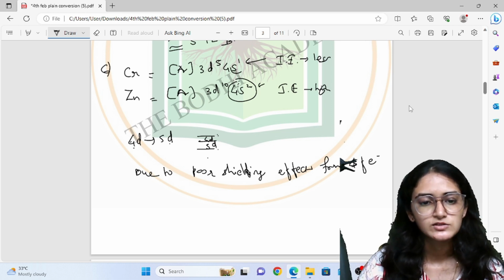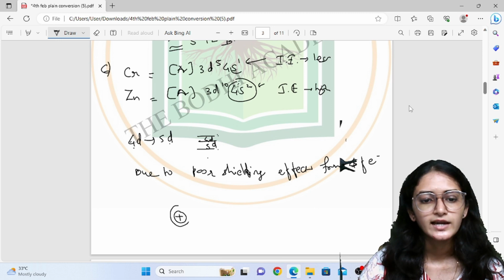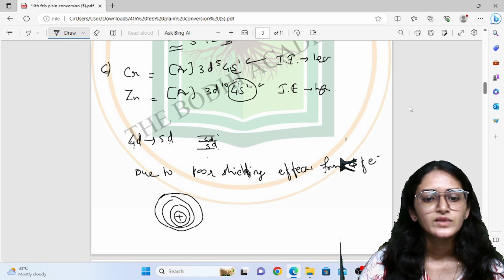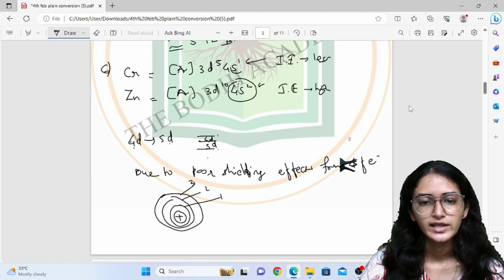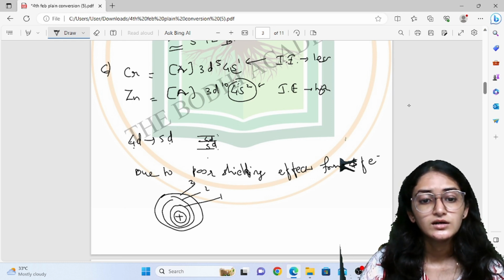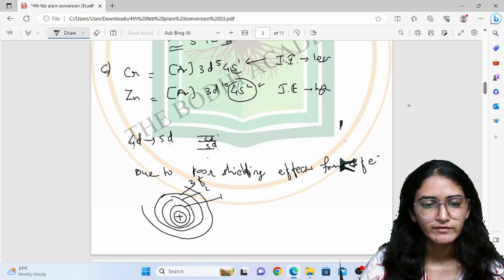What does poor shielding effect mean? Suppose we have a nucleus and shells: this is the first shell, this is the second shell, this is the third. If the third shell is our f shell, and after that we also have one more shell.